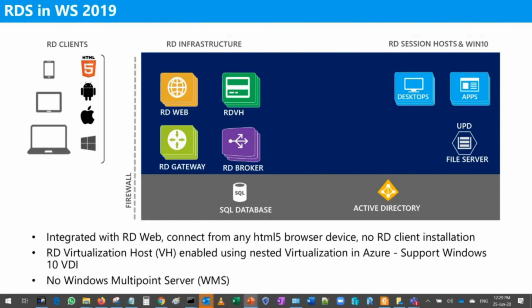So the users, once they access their apps and the desktop, can access their file servers or their applications. And what you require is an additional RDS license when you enable the feature functionality to provide your user access.